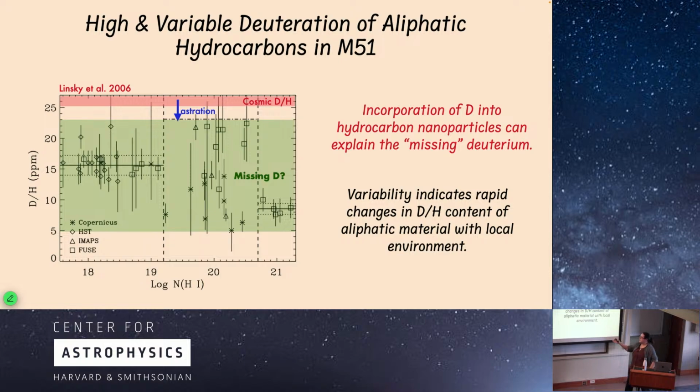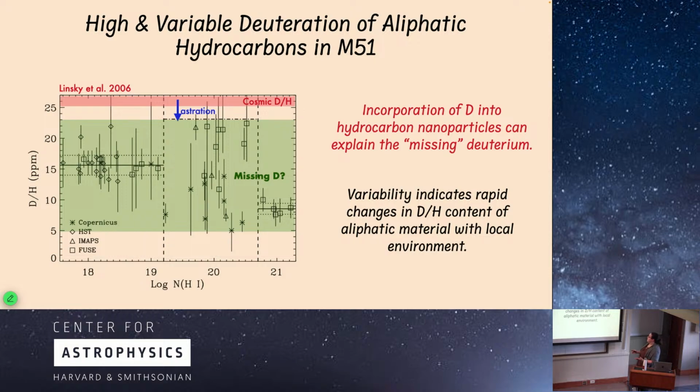But when you observe through the Milky Way's ISM, there's a huge range of observed D to H that's far lower than this. You can see a ton of scatter; at very low column densities maybe it's around 15 parts per million, and maybe it's lower at high column densities. It's been a long-standing question: where is this deuterium? Because it's not reasonable to explain that with astration alone.